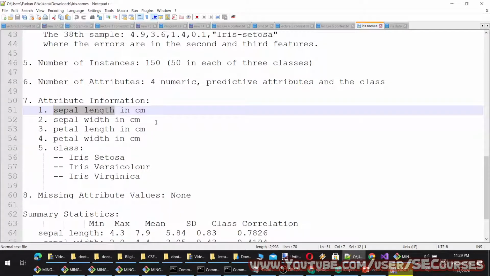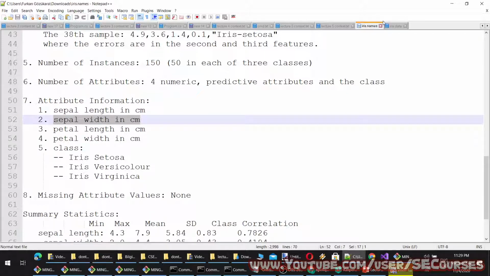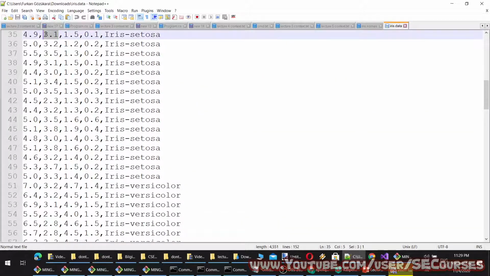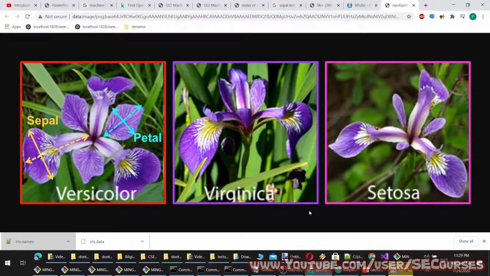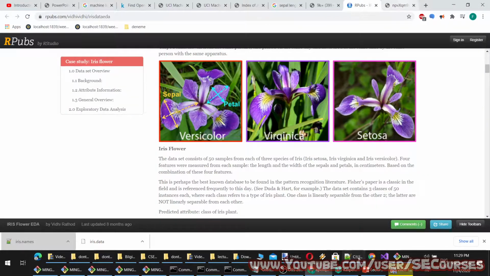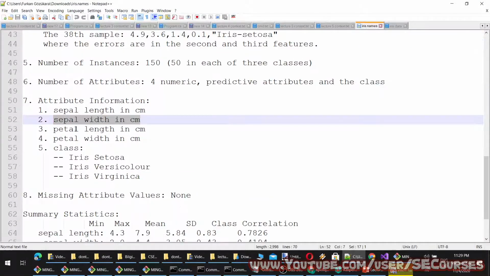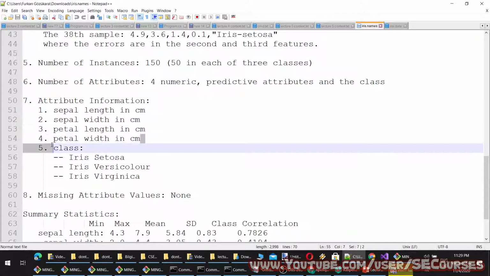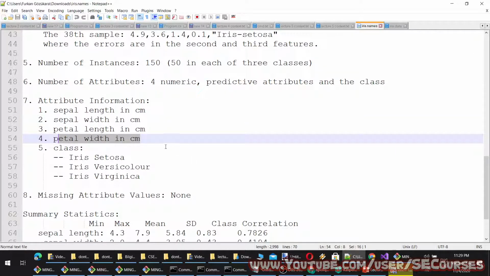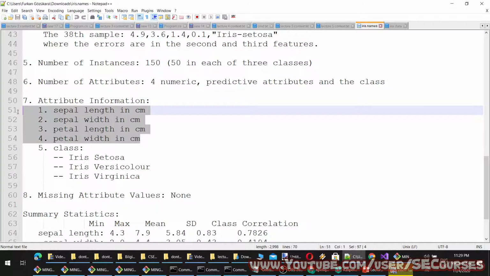Then the second attribute is sepal width in centimeters. It is this one. If you wonder what sepal width is, it is this. So this is the width and this is the length. And then the third attribute is petal length, and the fourth attribute is petal width. So there are 4 attributes of iris data.